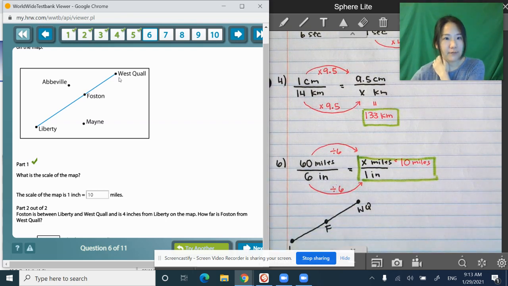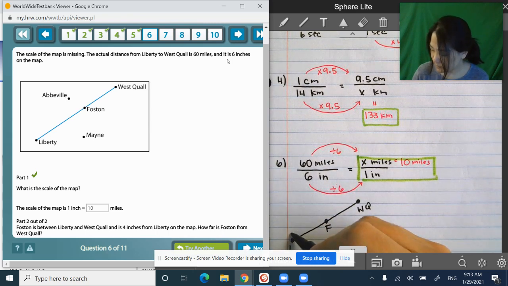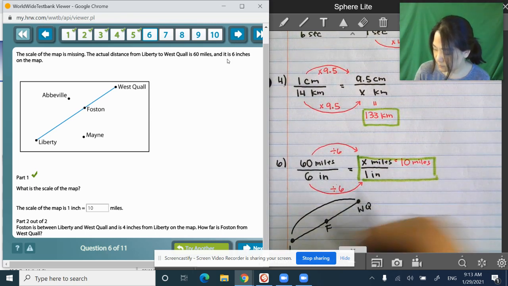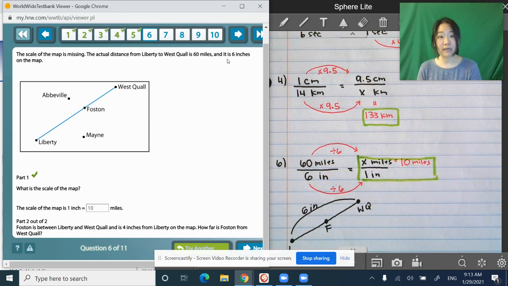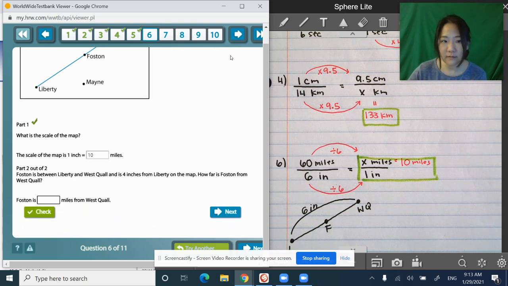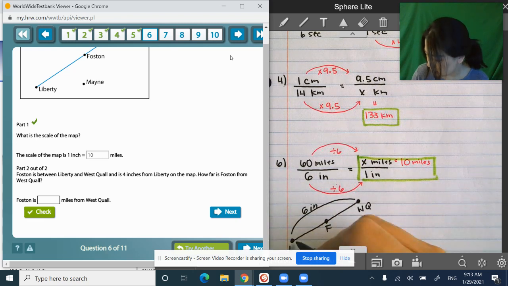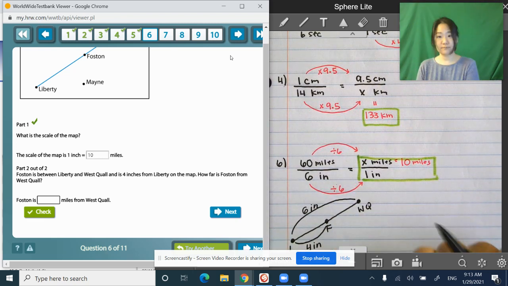We know that from here to here was 6 inches on the map, and from Liberty to Boston is 4 inches.